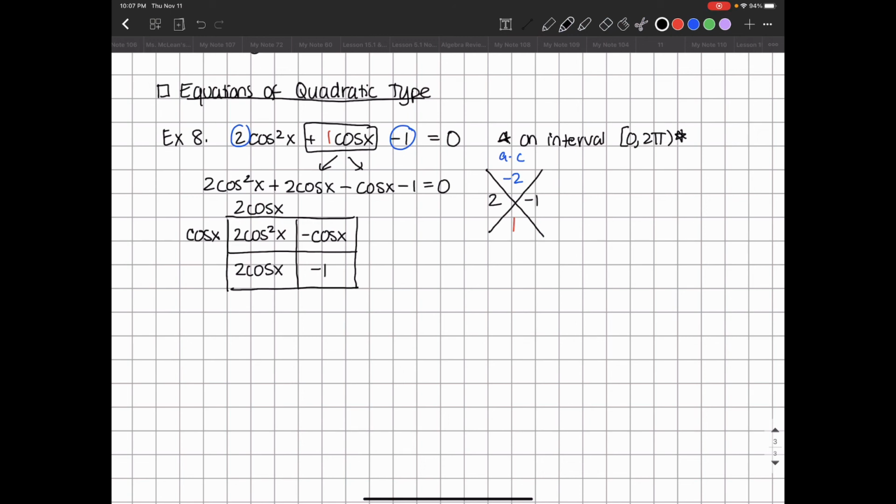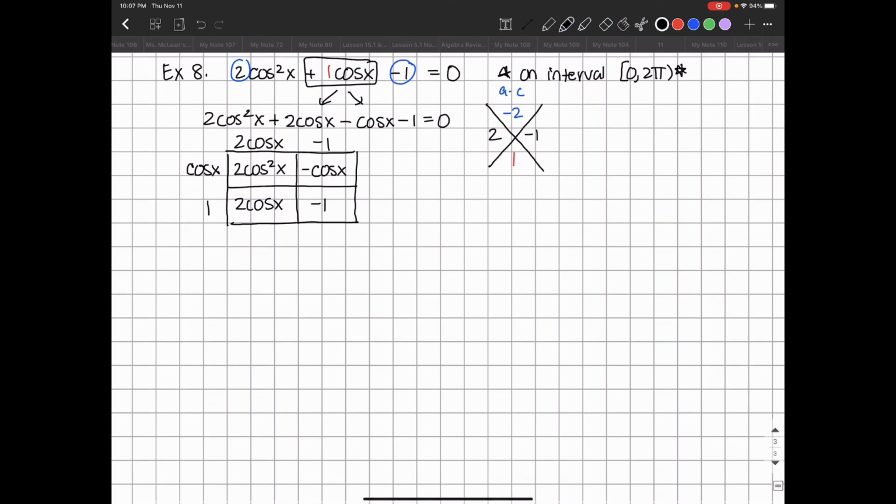Then cosine times what gives me negative cosine of x, that's -1. And 2 cosine times what gives me 2 cosine of x, that is +1. So I can break this down into 2 cosine of x minus 1 times cosine of x plus 1, equal to 0.